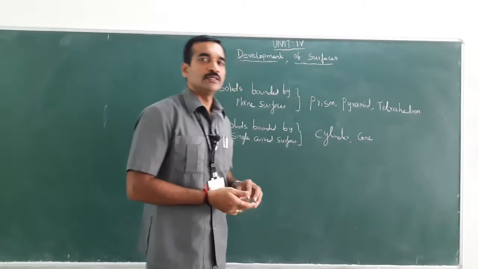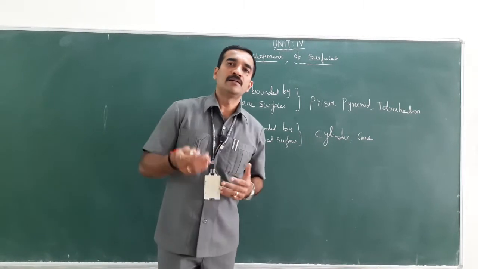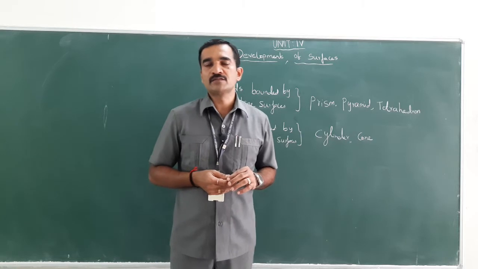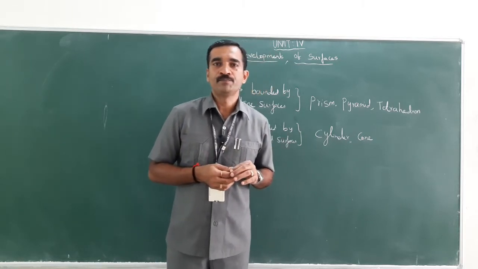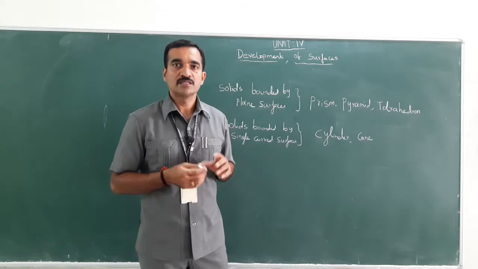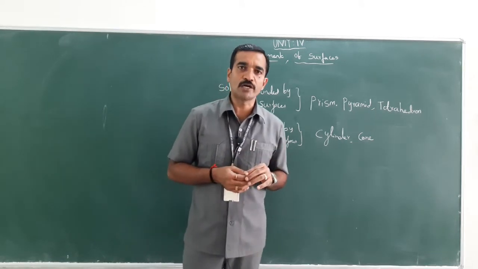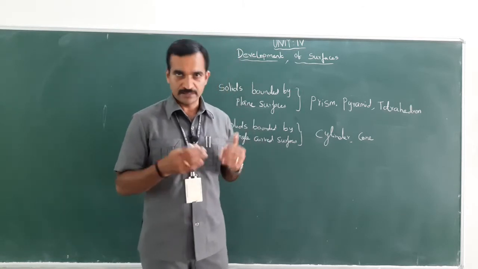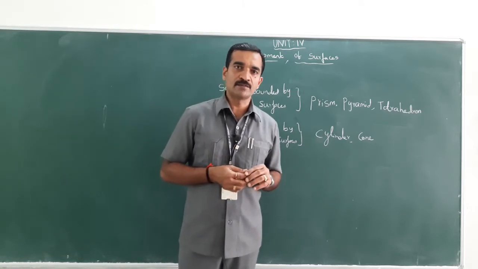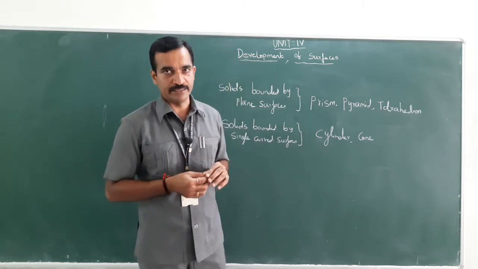Got it? So, see, for the projections of planes, we used a method which is nothing but the change in position method. Similarly, for the projection of solids also, we used again the change in position method, or rotating the solid method, isn't it?